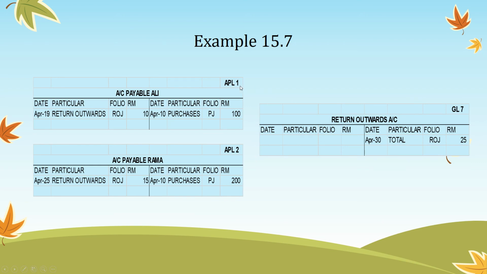And for account payable Ali and Rama, the amount of return outward will be debited because liability will decrease with the return outward. In account payable Ali, debit 10 ringgit. And then for account payable Rama, debit 15 ringgit.